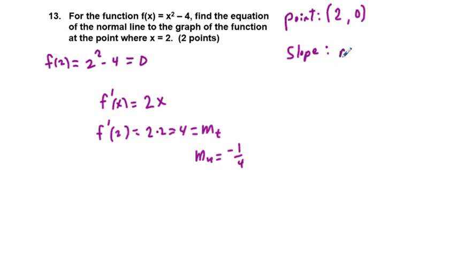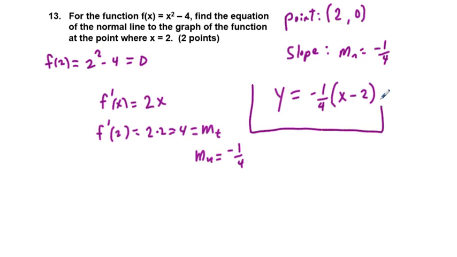So we say m sub n equals negative 1/4. So our equation is going to be y minus y sub 1, which is 0, equals negative 1/4 times x minus 2. And if we distribute, we get negative 1/4 x plus 1/2. Anyway, this will be our answer. Next problem.